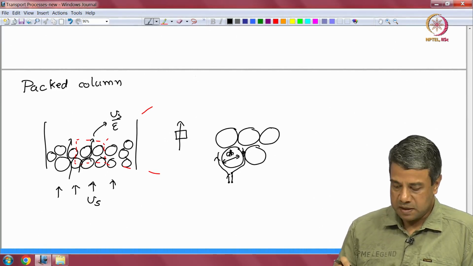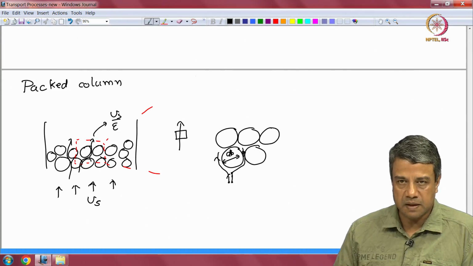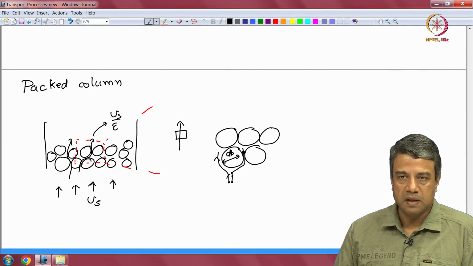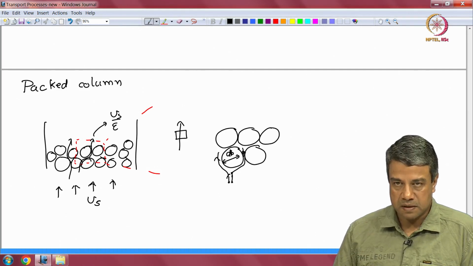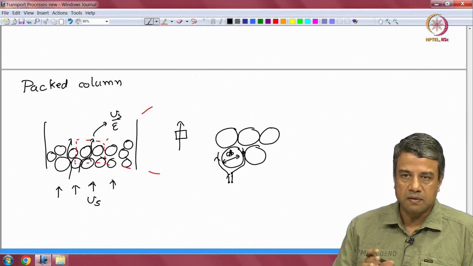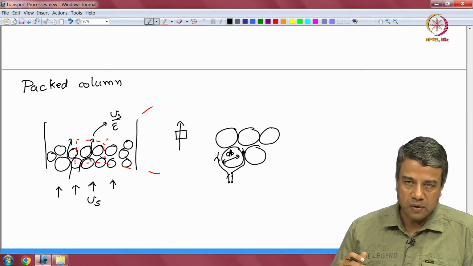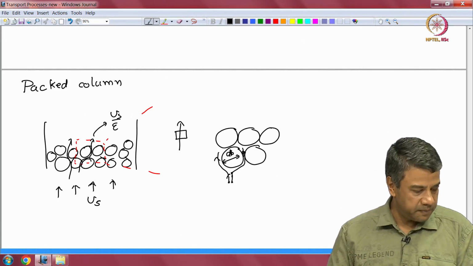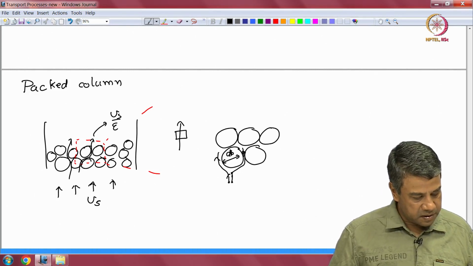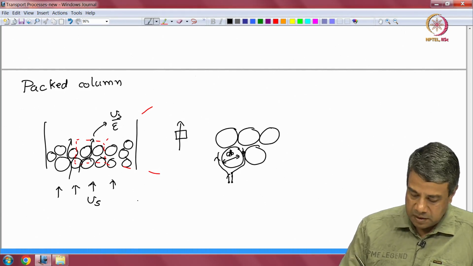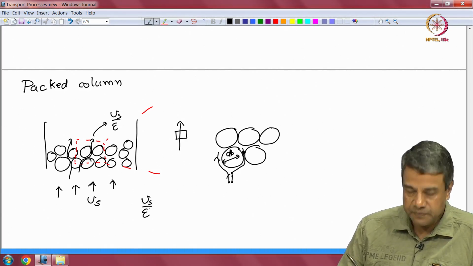So, if I had some spot of dye over here, as it passes around one particle, it will get spread over a distance comparable to the particle diameter, and that is why there is dispersion, because two elements of fluid that were nearby initially, each time they go around one set of particles, get separated by a distance comparable to one particle diameter, and that is what is called dispersion.